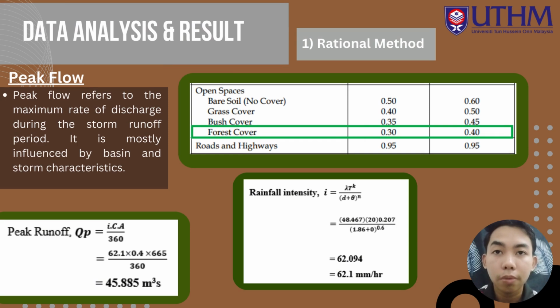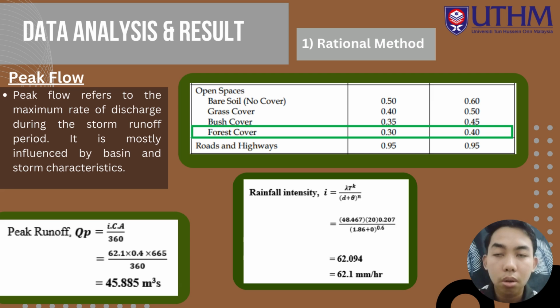The first thing we find is peak flow. Peak flow refers to the maximum rate of discharge during the storm runoff period. It is mostly influenced by basin and storm characteristics. We are using the formula based on MASMA second edition, which is peak runoff QP equals ICA divided by 360. I is the average rainfall intensity, and we get 62.1.